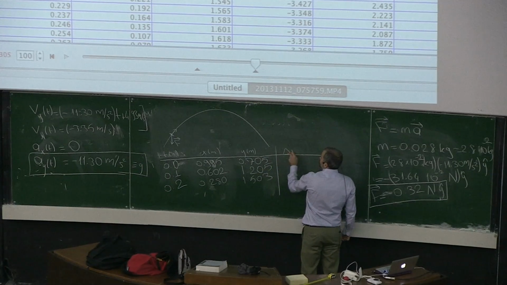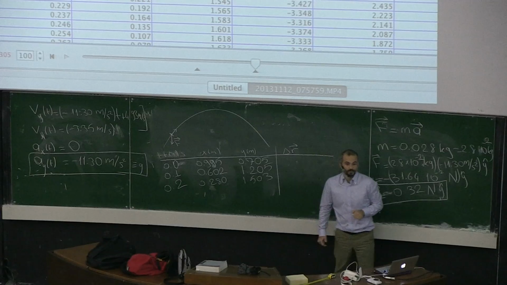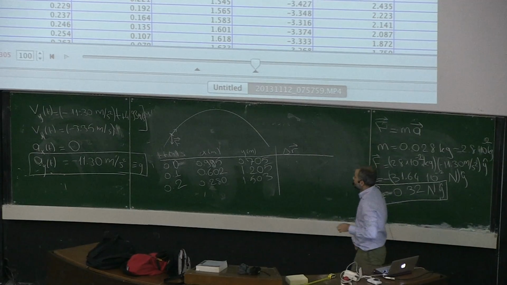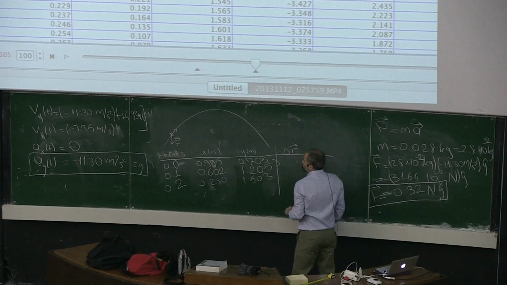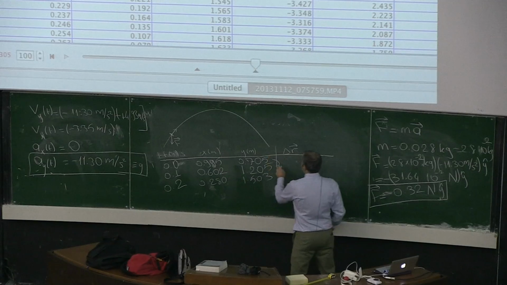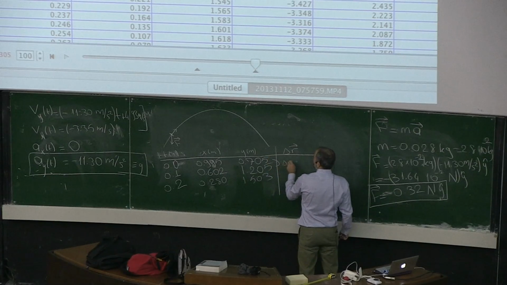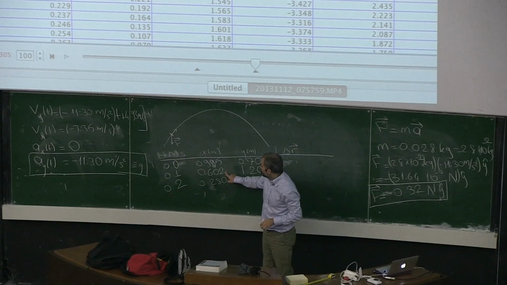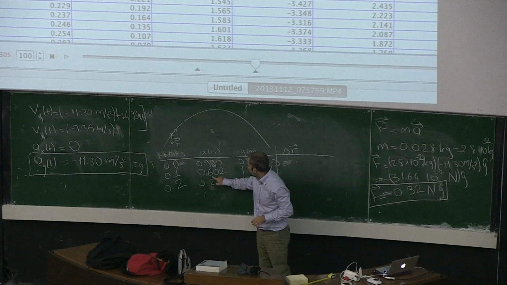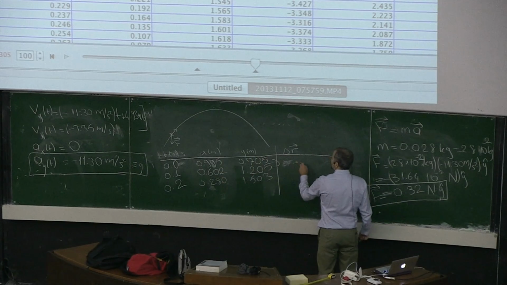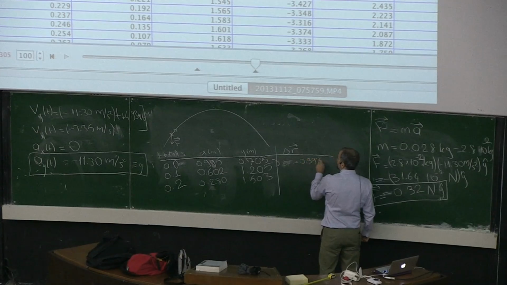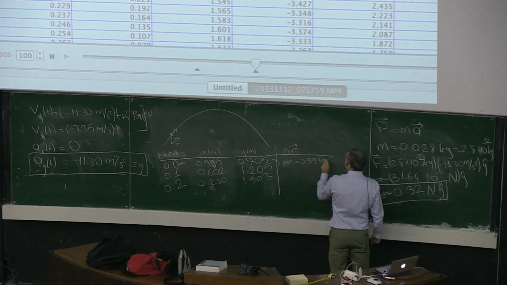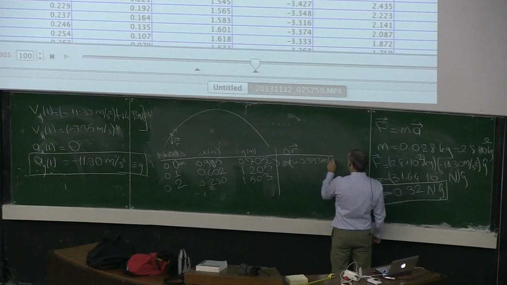Now let me write the displacement vector between these two times. The x coordinate went from this number to this number, so the change is minus 0.393 meters in the x-hat direction.